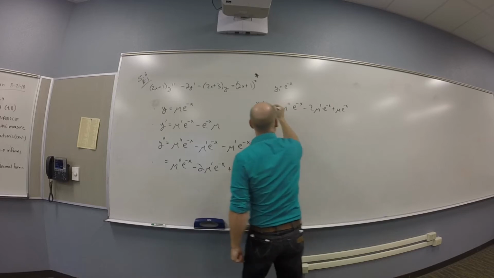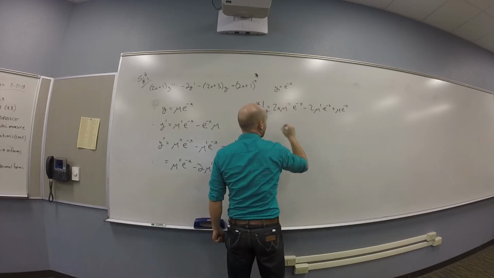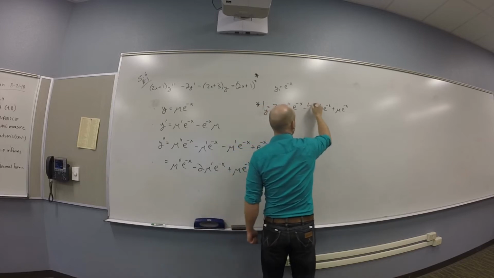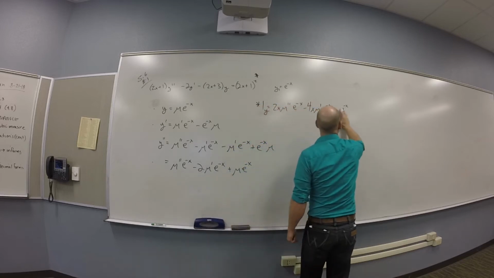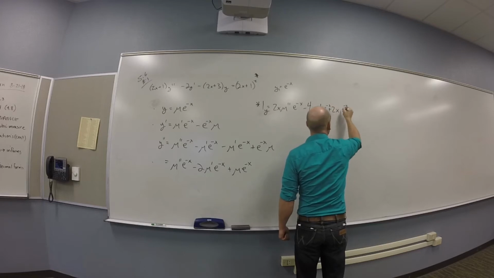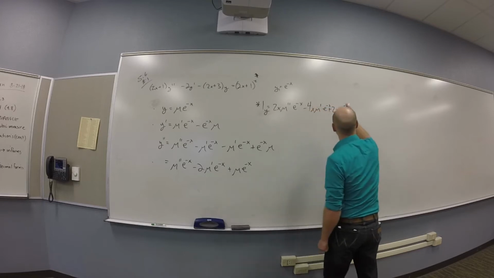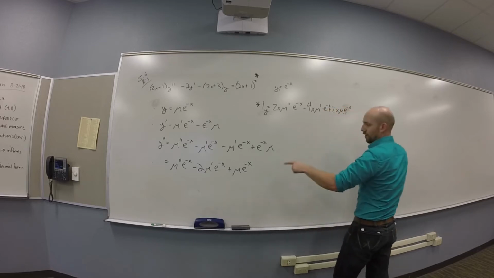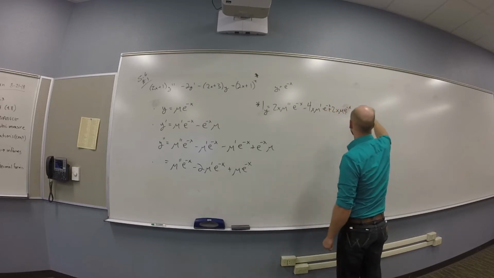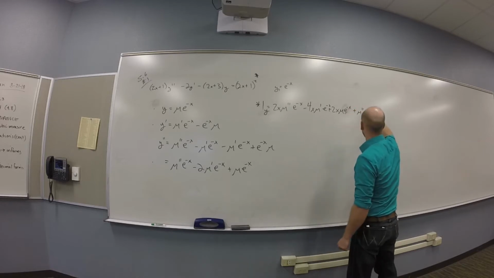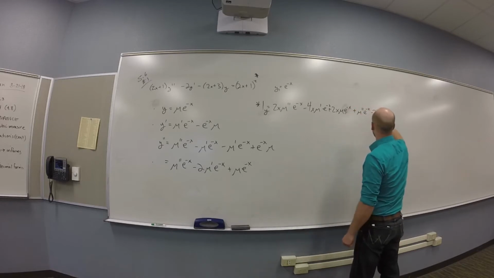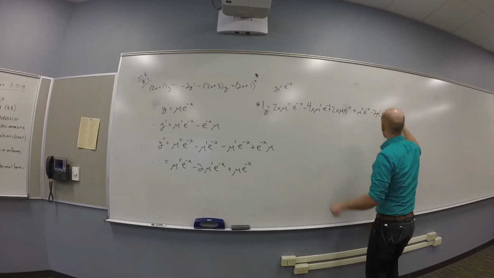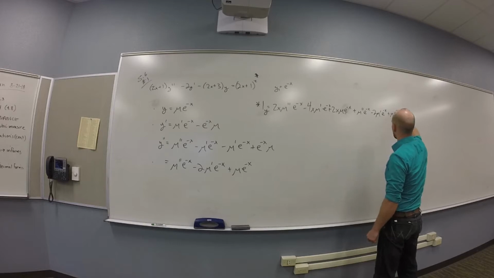Okay, so I'm going to go 2x, that stuff, minus 4x, that stuff, plus 2x, that stuff. So there should be a mu in there still. And then plus that stuff again. So mu double prime e to the minus x minus 2 mu prime e to the minus x plus mu e to the minus 2x.